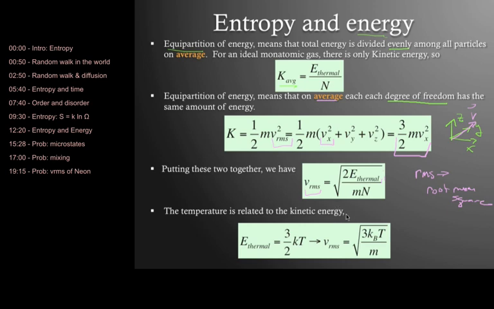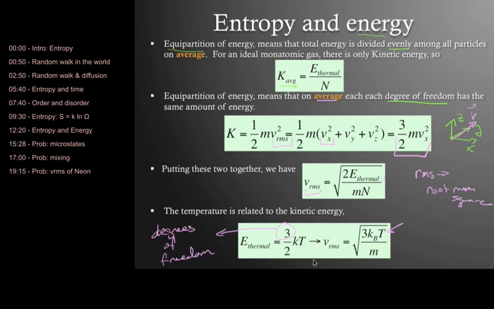If we want to relate this to something we can measure, we can't measure E_thermal very easily, but we can measure temperature very easily. So the thermal energy in a system is going to be 3/2, where this 3, again, is the degrees of freedom. For a monatomic gas, the only degrees of freedom we have are x, y, and z that the velocity vector can be in, and then kT.